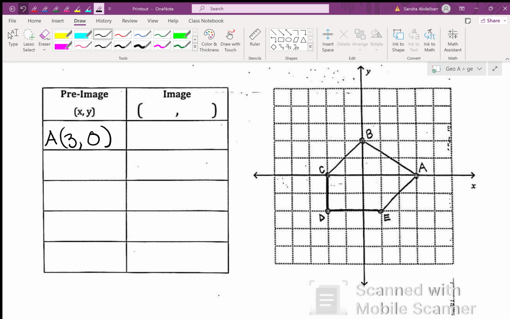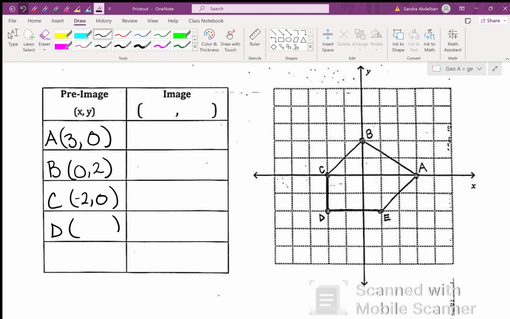Right, can somebody tell me the coordinates for point B? Connor? (0, 2). You got it. In our parentheses, (0, 2). What about the coordinates for C? Liv? You got it. (-2, 0).